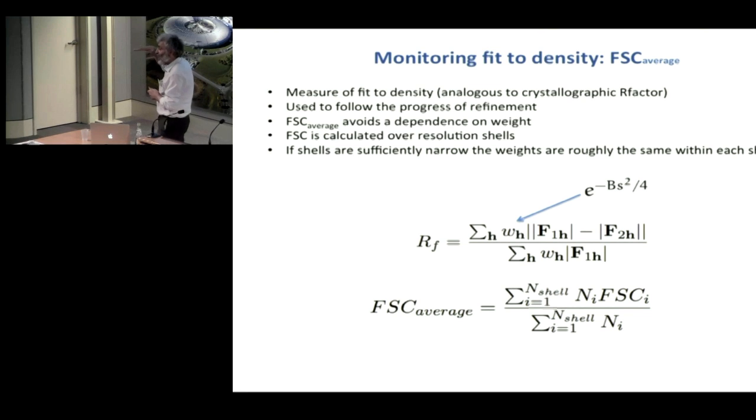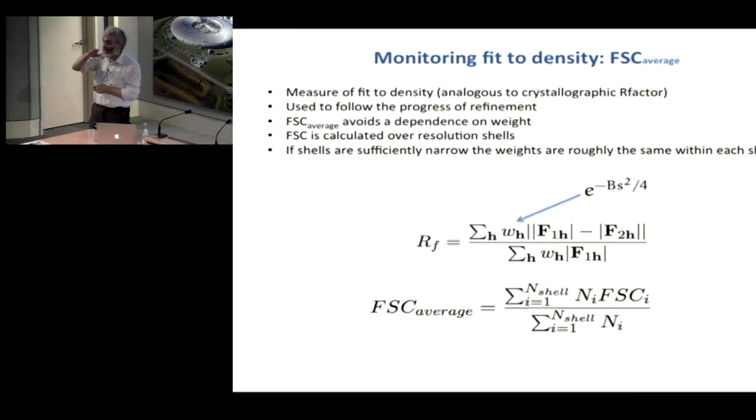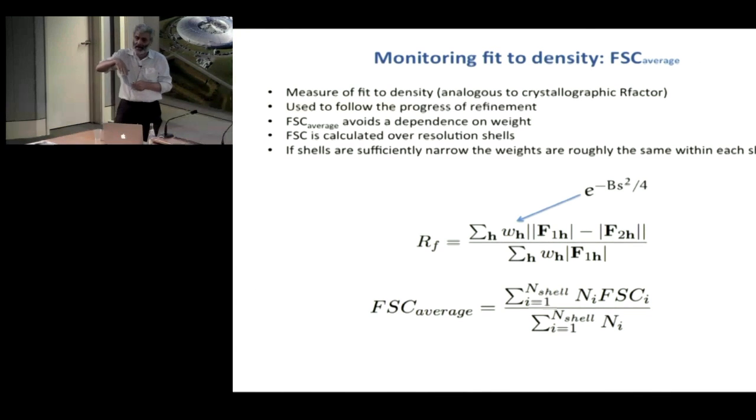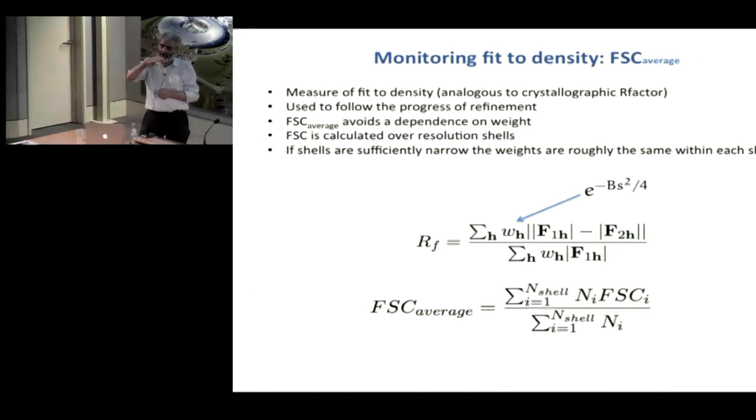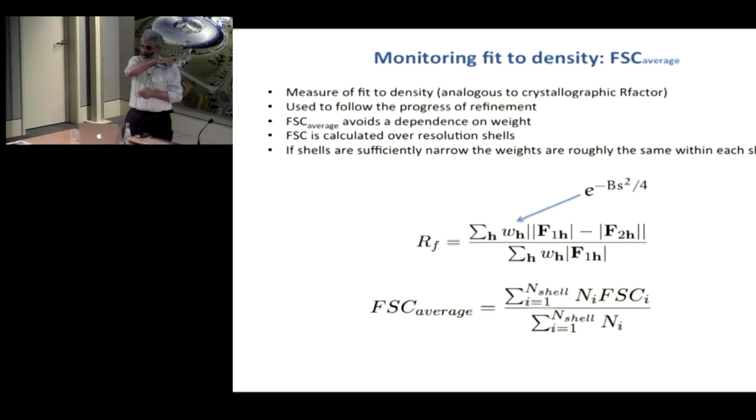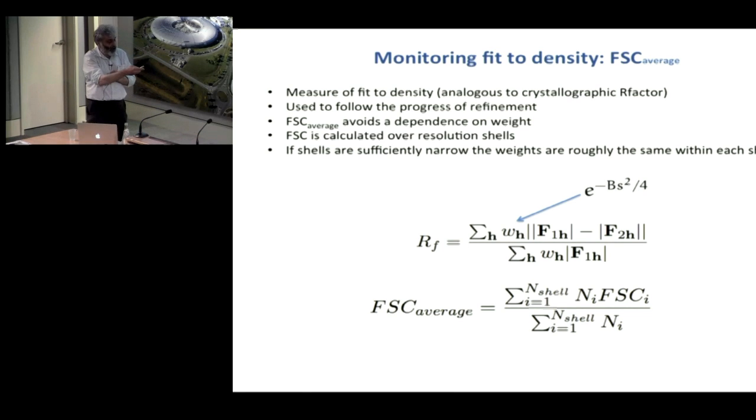And the weights may be implicit or explicit. When you do sharpening, unsharpening or any filtering, you add weights into your calculation of statistics. You don't say that you are going to use weights, but they are there. And the overall statistics will depend on, let's say, sharpening and unsharpening.